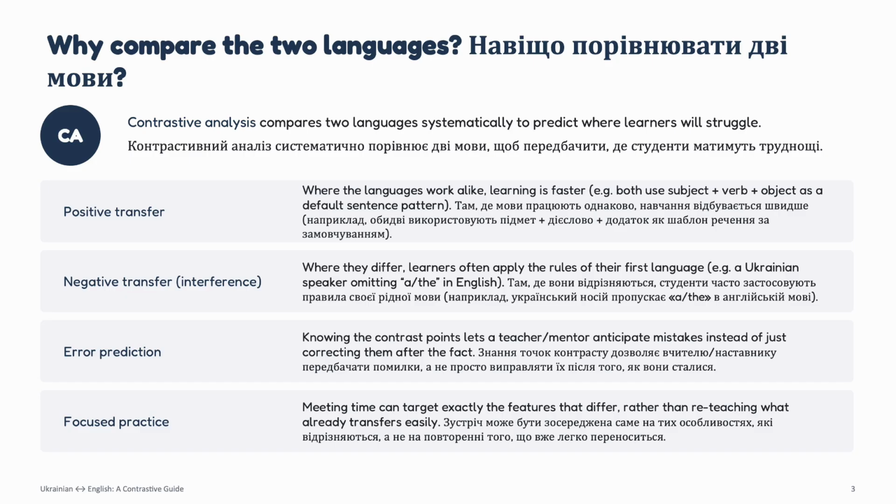And I think that maybe most of you mentoring here our students could face this problem when Ukrainian students just don't use articles in sentences. It's because Ukrainian doesn't have articles, and that's why we have this problem. But once we know where these contrast points are, we can predict errors instead of just reacting to them after they happen. And we can focus our meeting time on exactly the features that are actually needed.